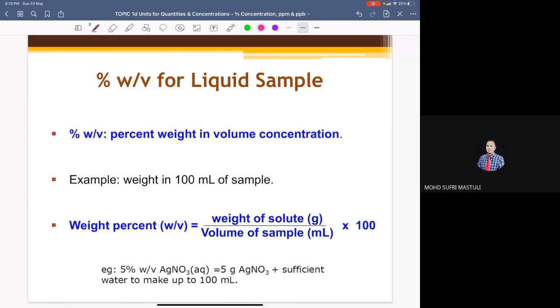The percent weight per volume is the percent weight in volume concentration, so the weight of the solute in 100 ml of sample, for example. This is the formula that we will use to calculate the percent weight per volume: the weight of solute in gram and the volume of sample in milliliter.